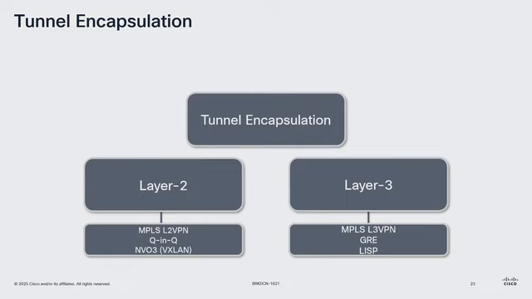Maybe you have something like an MPLS layer 2 VPN or something called Q-in-Q, which we see in our service provider customers, where they can do a customer edge .1Q that's mapped to a provider edge .1Q. Those are different encapsulations. And in layer 3, obviously, we have MPLS layer 3 VPN, IP generic route encapsulation, and also LISP, the Location Identifier Separation Protocol, which is our control plane for software-defined access.